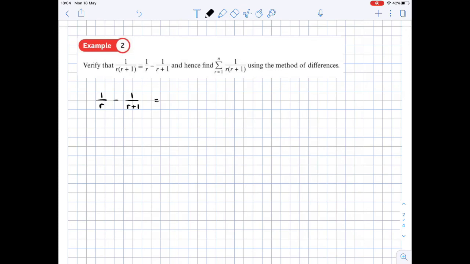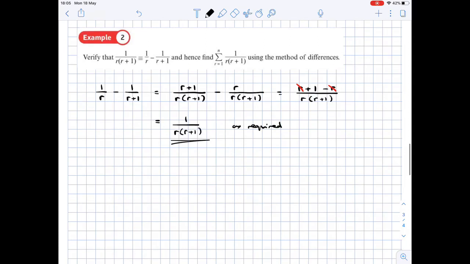So this is equivalent to r plus 1 over, so I'm going to use a common denominator of r times r plus 1, which can then be combined into one fraction, which can then clearly be seen because our r's cancel, leaving us with 1 over r brackets r plus 1 as required.